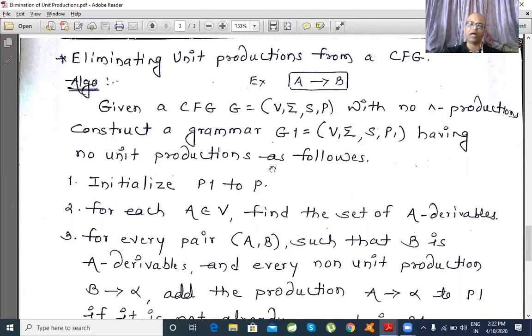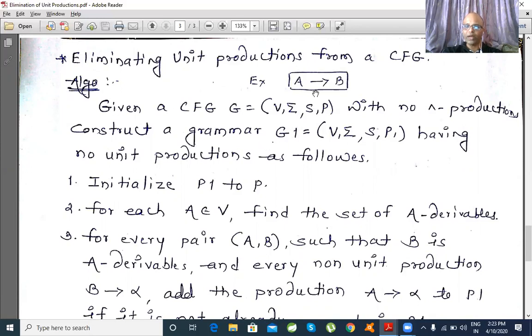So our ultimate aim is that the given grammar should be free of unit productions. This kind of production should not be available.